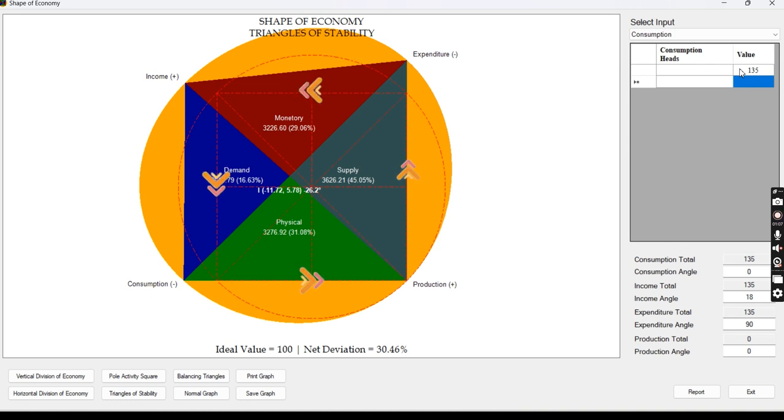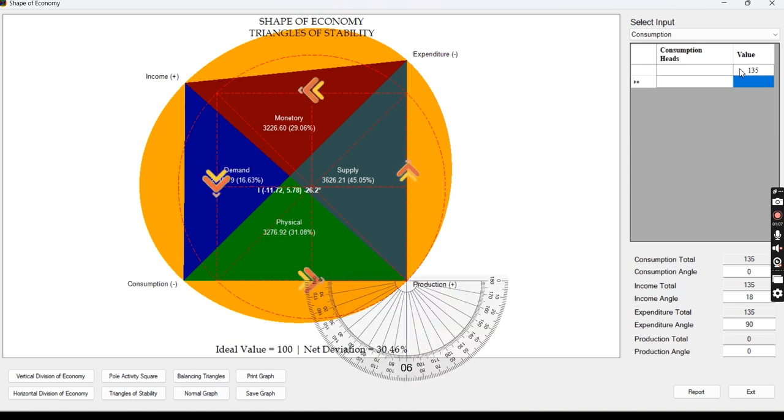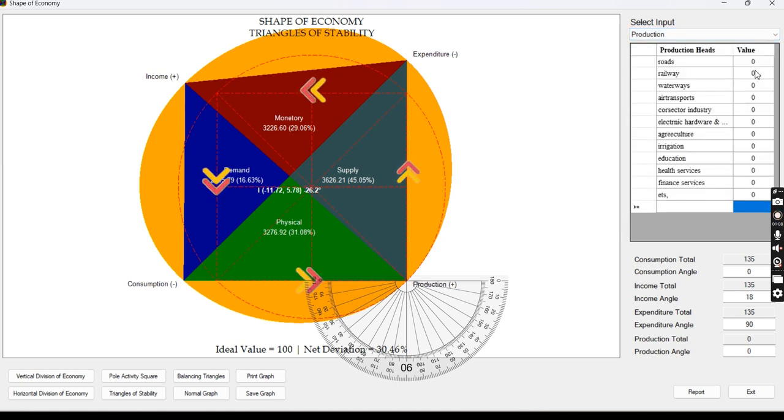Therefore, now you will have to once again put the angle ruler on the line of consumption and production vertically, the way we put the angle ruler in consumption and vertical position on the line of expenditure and income. So now you will have to first make the input in the production column, select input, put production and then put a value there of 135.